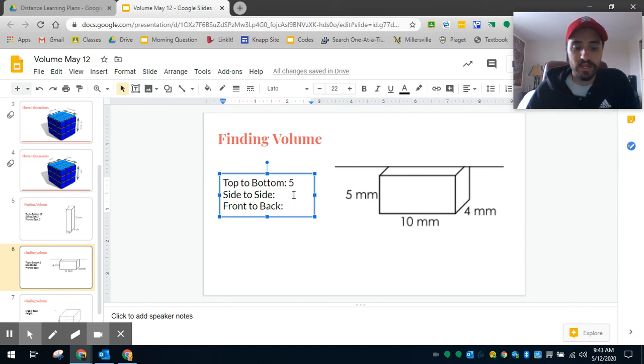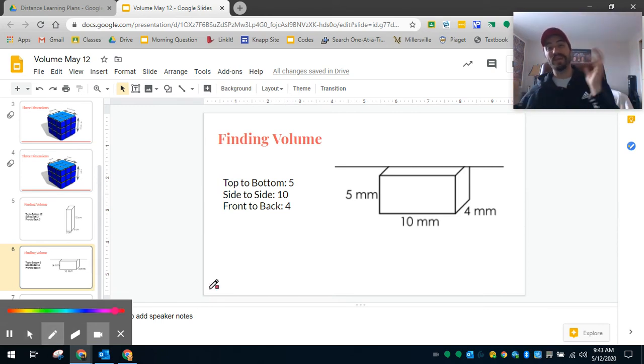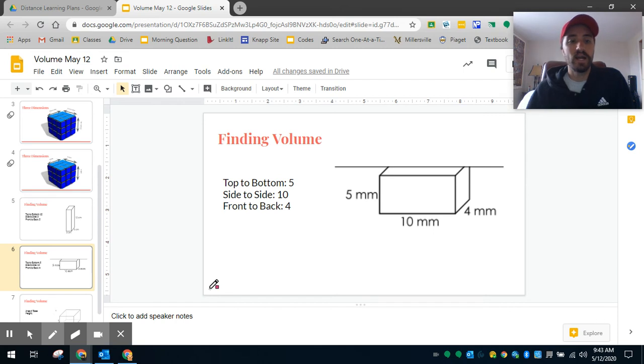What's the side to side? 10 millimeters, side to side, and front to back is 4 millimeters. So we have all 3 dimensions we need. In order to find the volume, or how much space that rectangular prism would take up, we are going to have to multiply those all together.